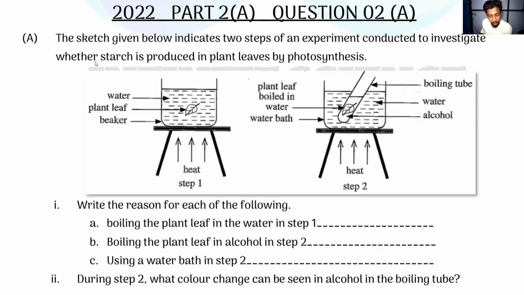No, my dear. To break down the cell membrane. Or we can write to make the leaf soft. Both of the answers are correct. But it is better to mention to break down the cell membrane or to penetrate the cell membrane, because this is a past paper question. We can't write other options. Sorry, Taiba, okay.